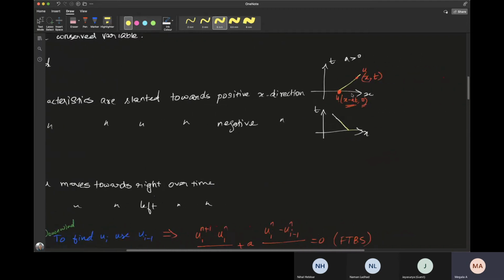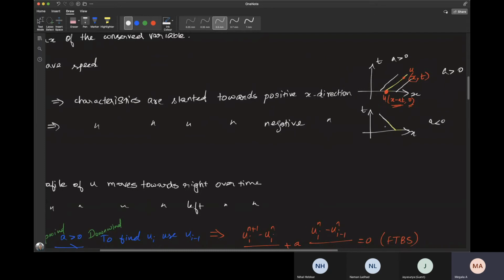Also, because the solution is the same along a characteristic, and we have an infinite number of characteristics with the same slope, not just one, an initial condition will just travel towards the right for a greater than 0, and towards the left for a less than 0.